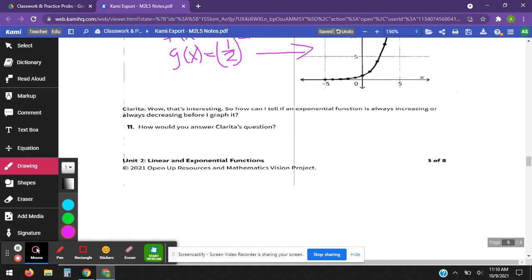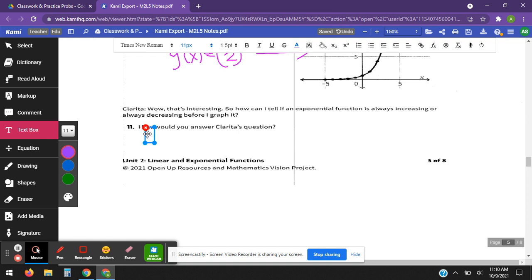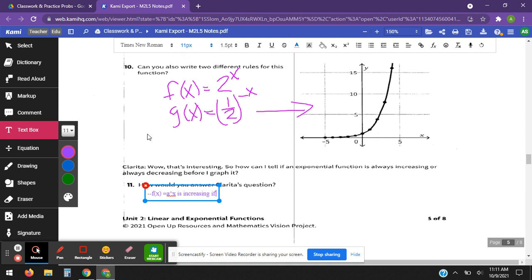So how can I tell if an exponential function is always increasing or always decreasing before I graph it? How could we answer her question? Well, for f of x equals a to the x power, it is increasing if a is greater than 1, right?